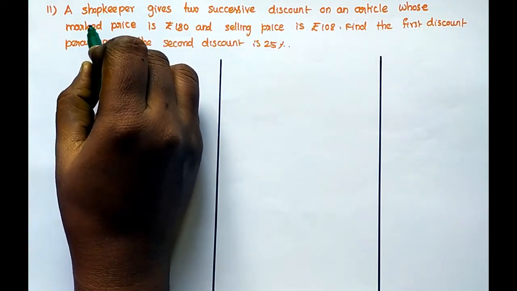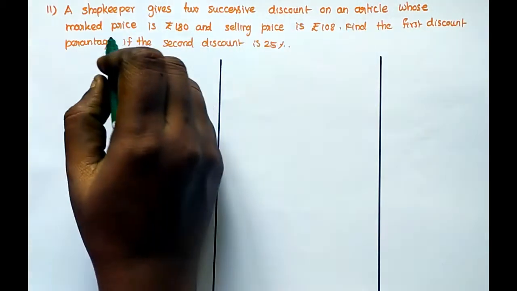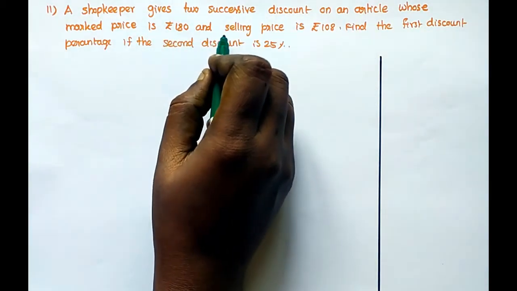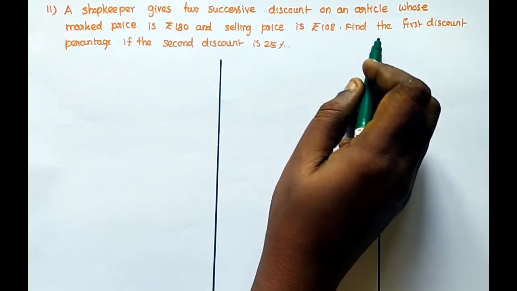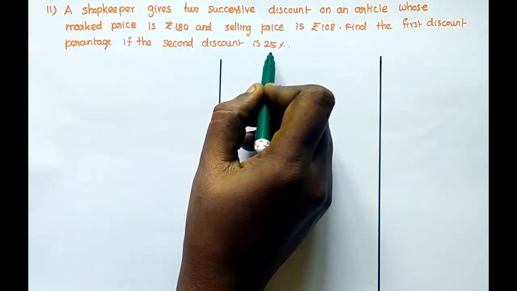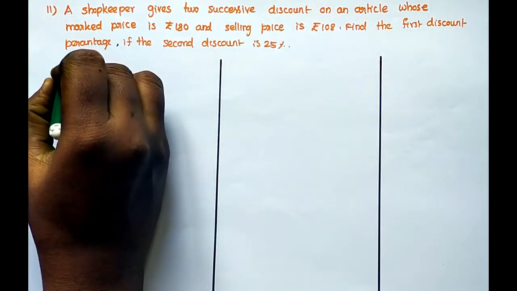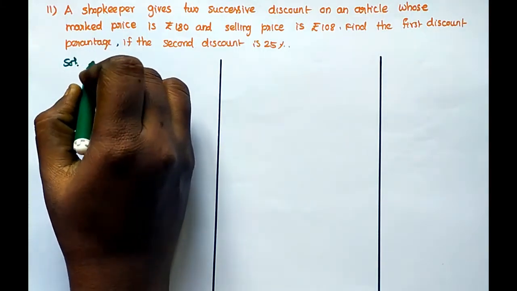11th sum. A shopkeeper gives 2 successive discounts on an article whose mark price is 180 and selling price is 108. Find the first discount percentage if the second discount is 25%. Listen. First write down what they have given.